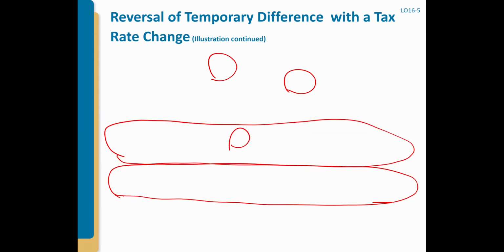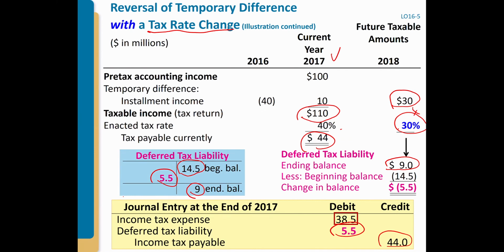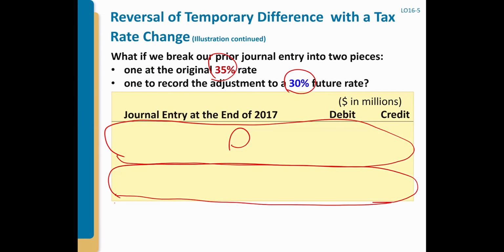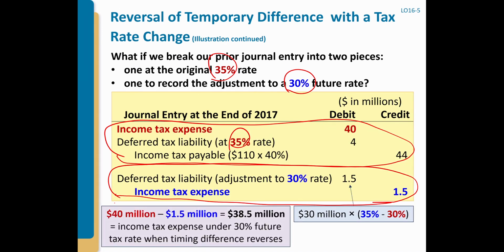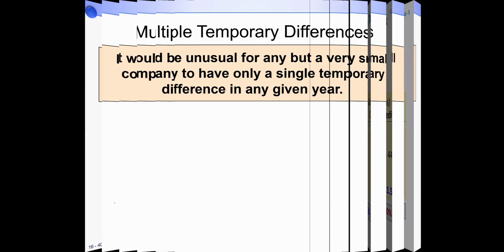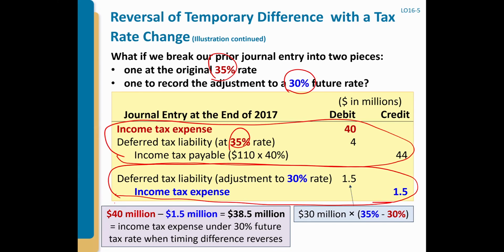The first method we talked about is where you just do one journal, or you can do two journals. But if you add these two, it's going to be the same as the previous slide. So this is the tax rate change situation.